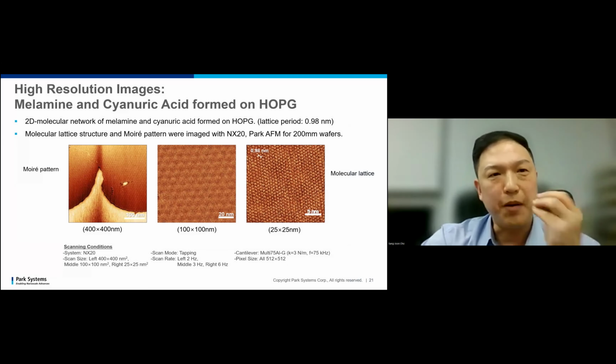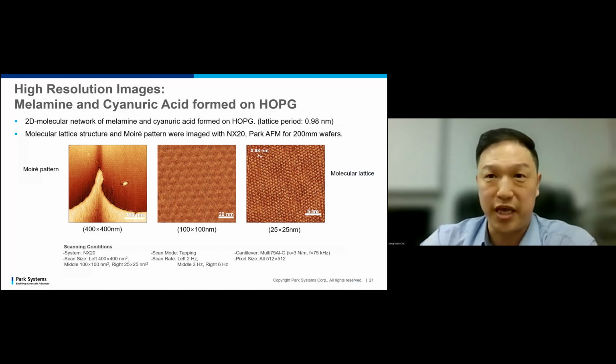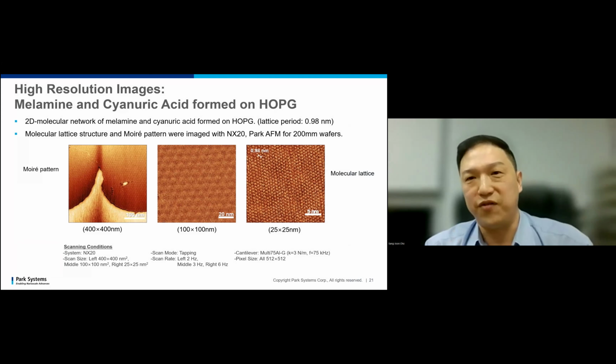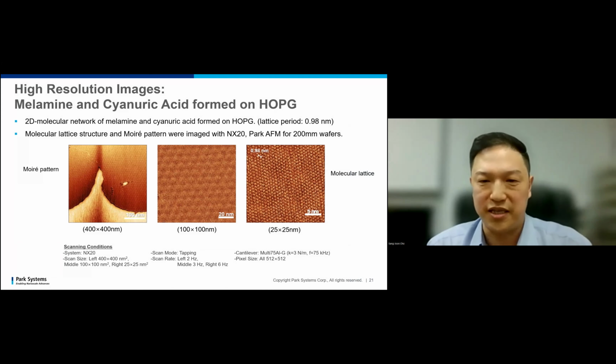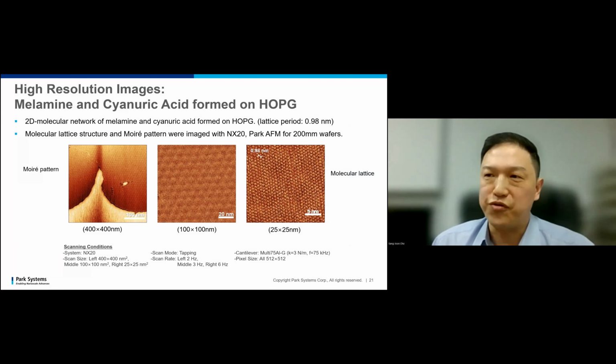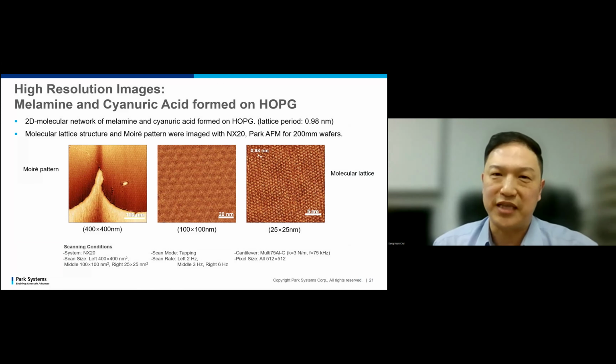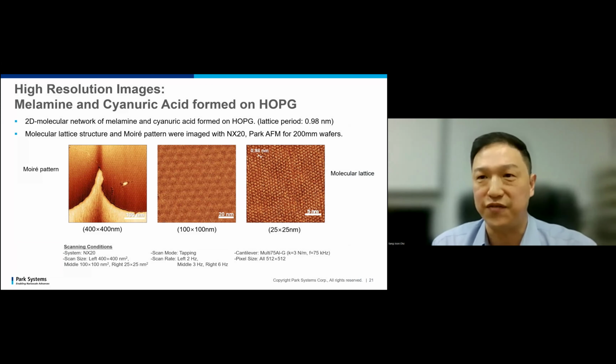The best part of SPM technology is its high resolution imaging capability in a variety of environments, right? Not just in air, but it can operate in vacuum and liquid. Since there are few environmental constraints, it is a great advantage for researchers to be able to observe dynamic changes in the sample surface.